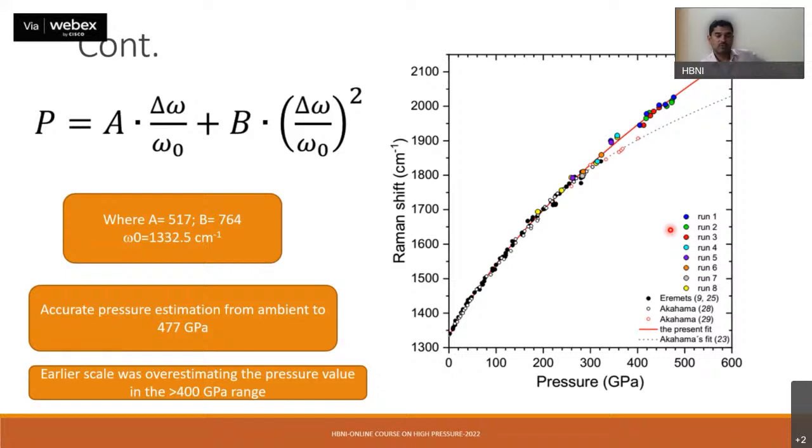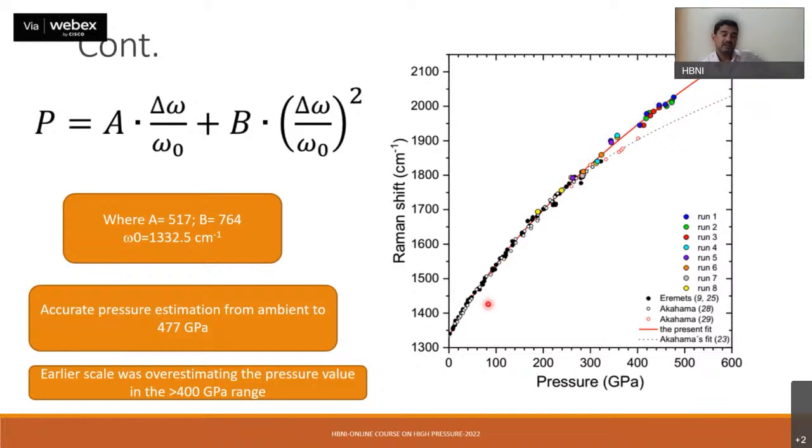What they show is that if you take the Akahama calibration, beyond 200 GPa it comes like this. So this fit does not fit the data from the Admets, this calibration data. You see all the colors that Admets have tried to get.